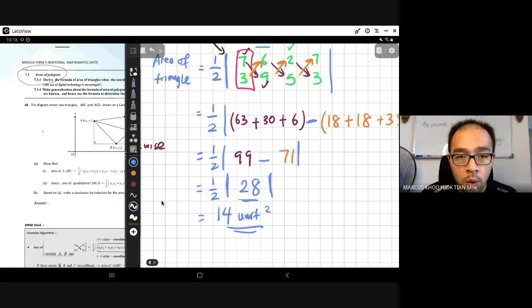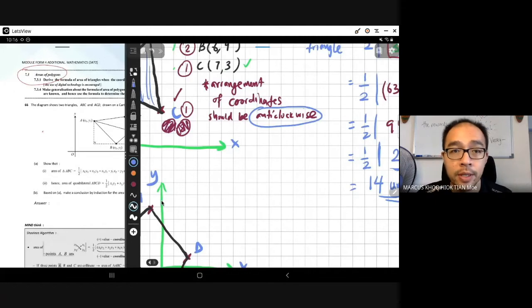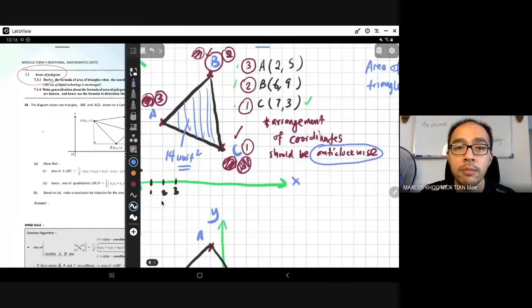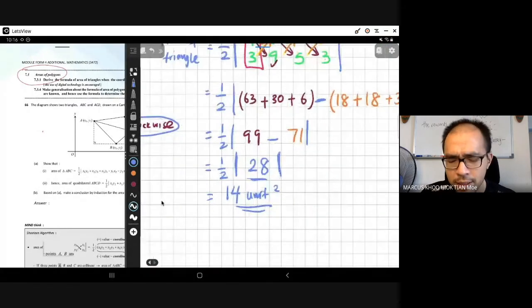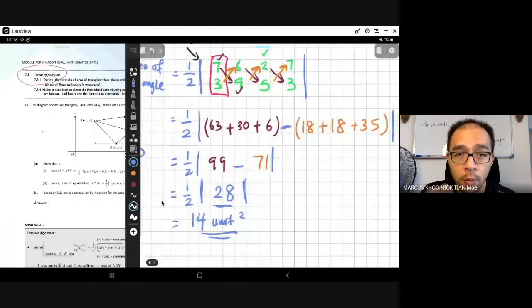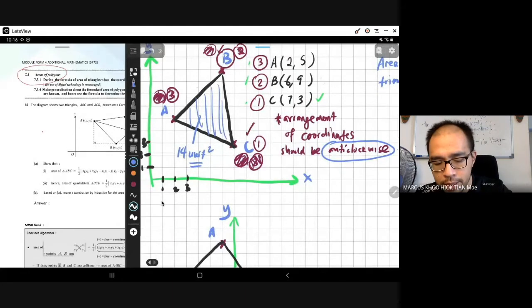Okay, now, why is it so important that we do it anti-clockwise? Why can I not just simply do clockwise or whatever? Okay, the problem is this. If you do clockwise, actually it's not a problem. Let's say I do BCA. I put this as number 1, number 2, and then this is number 3, right?